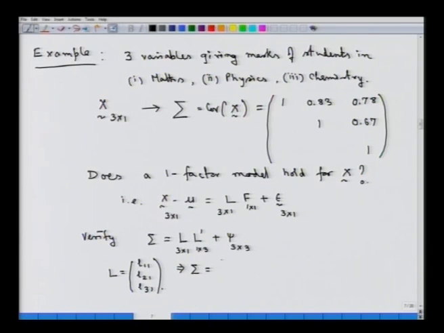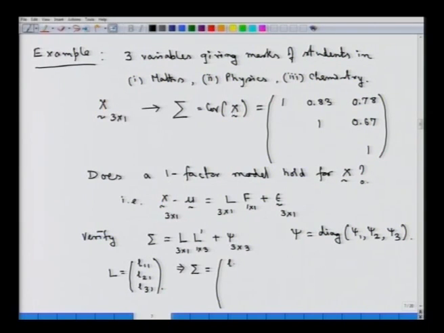On the right hand side, we multiply LL dash and then add psi, a diagonal matrix with entries psi 1, psi 2 and psi 3.